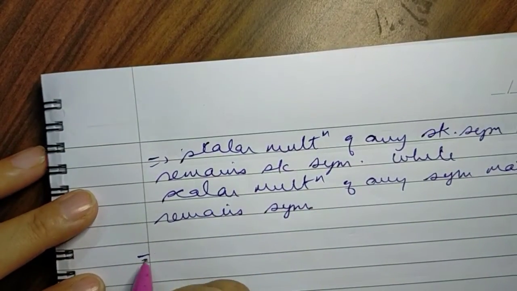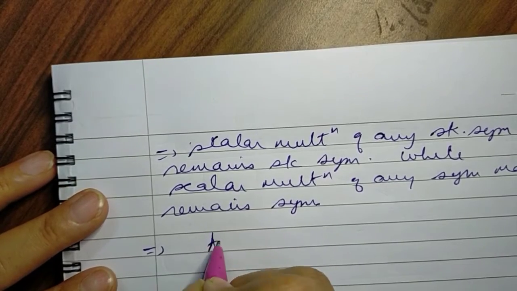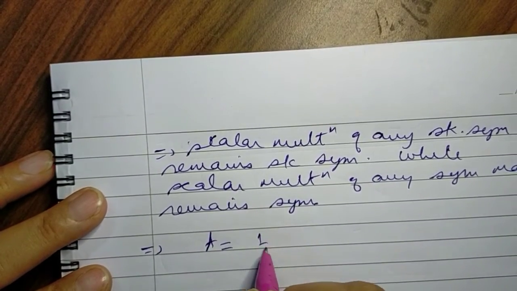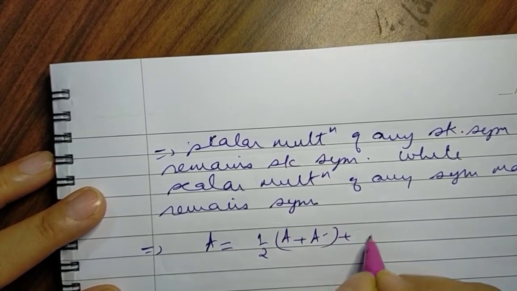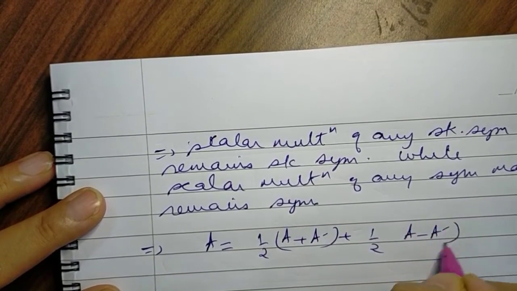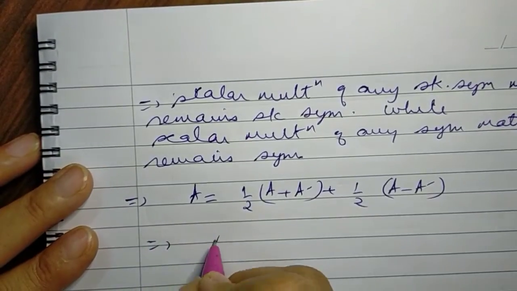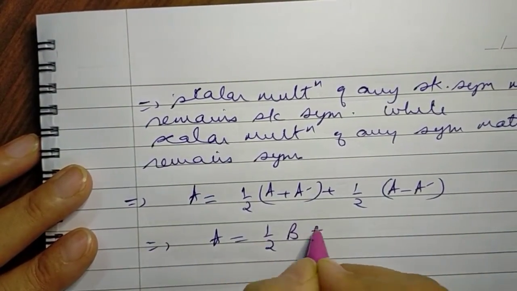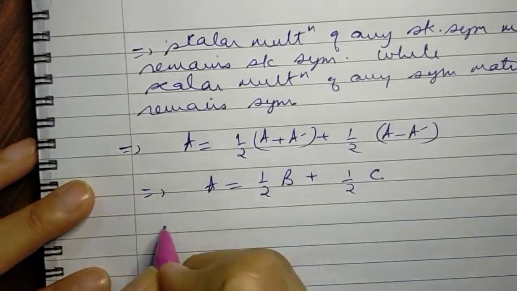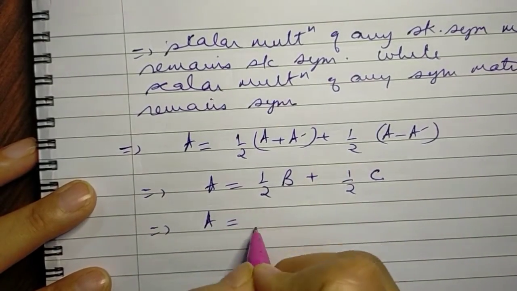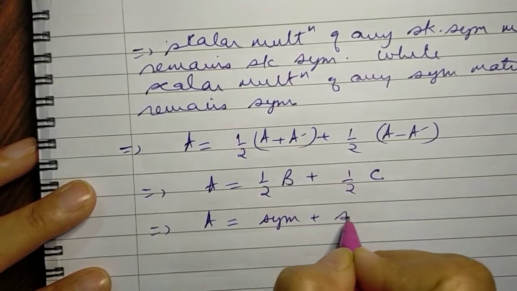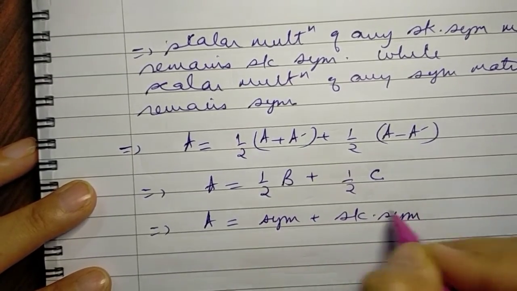Okay, so clearly we have seen that A is equal to half of A plus A transpose plus half of A minus A transpose, which is half of B plus half of C. It means that A is a sum of a symmetric plus a skew symmetric matrix.